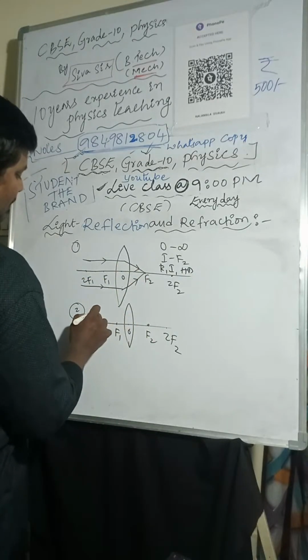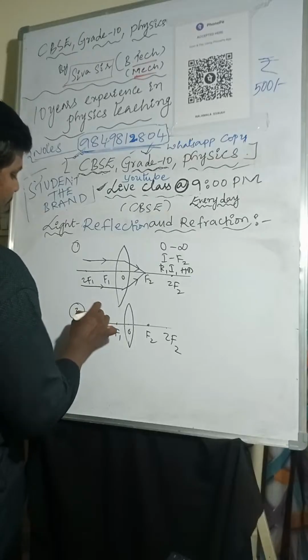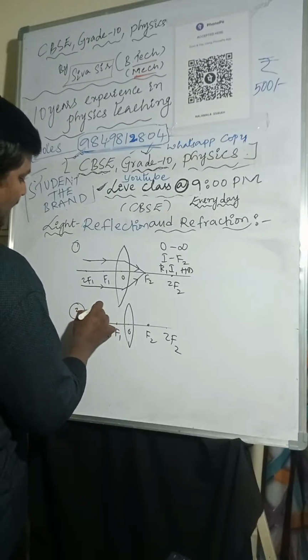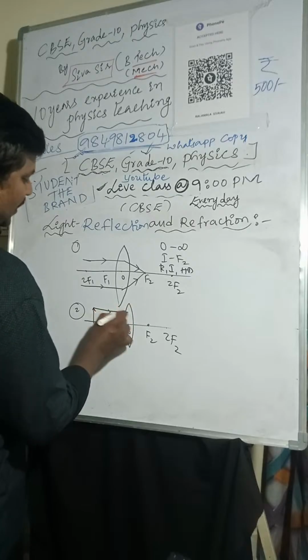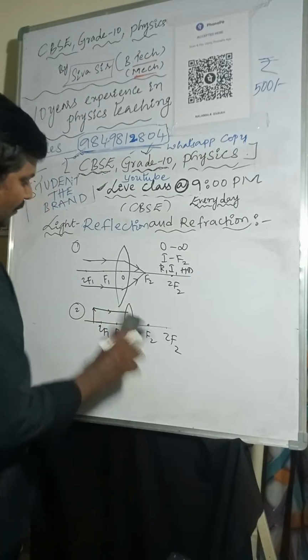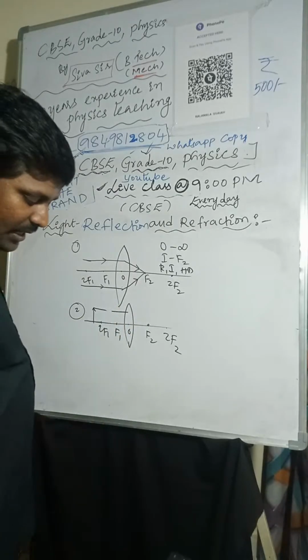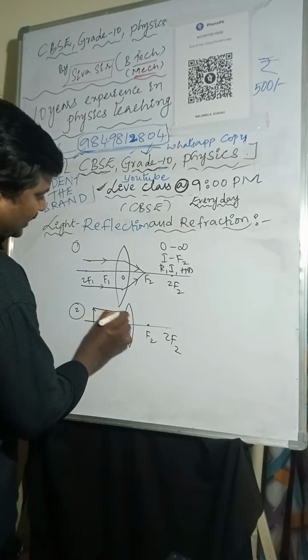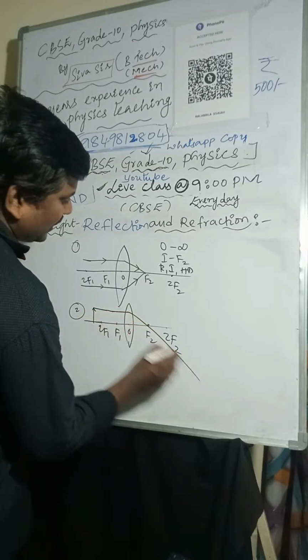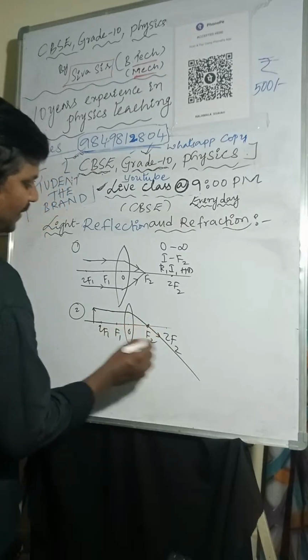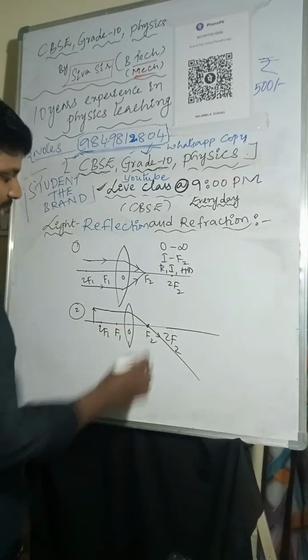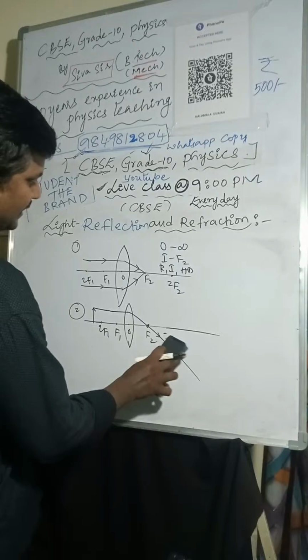Next one, I am taking the object beyond 2F1. One light ray I am taking like this. It passes through the focus F2. Here I am considering one light ray passing through F2 like this. Another light ray passes through the optic center.